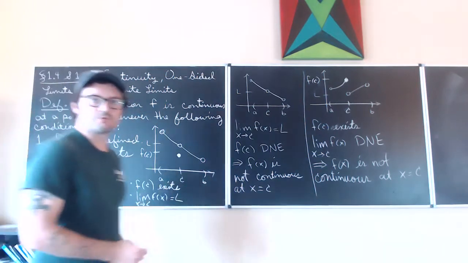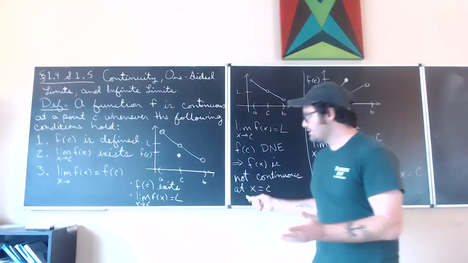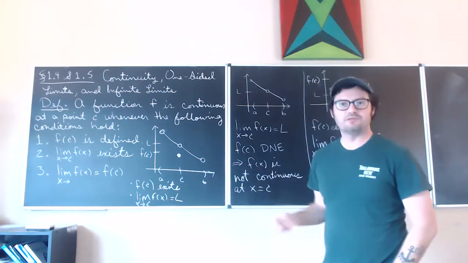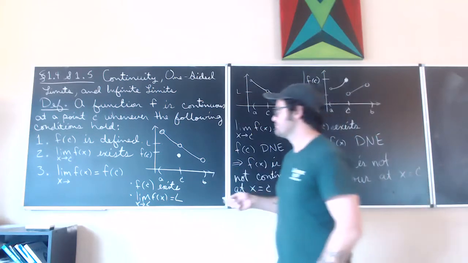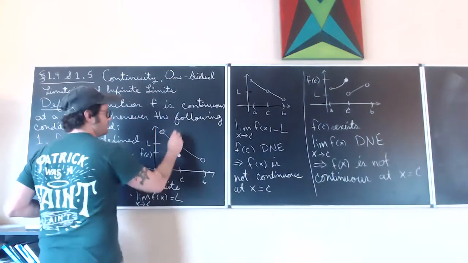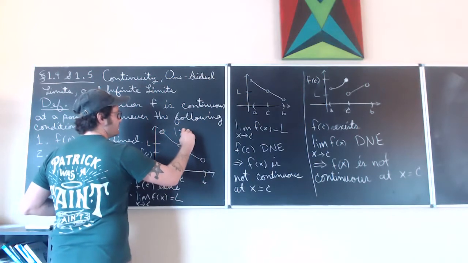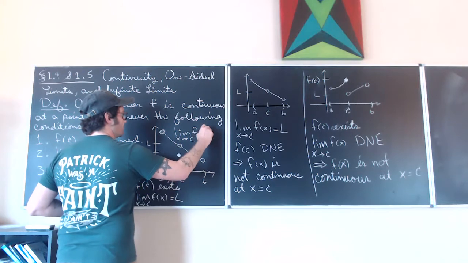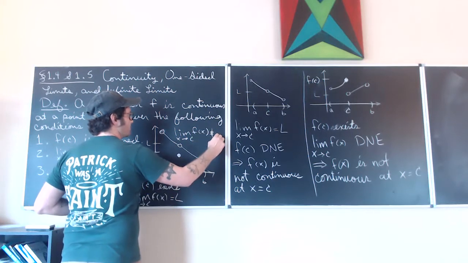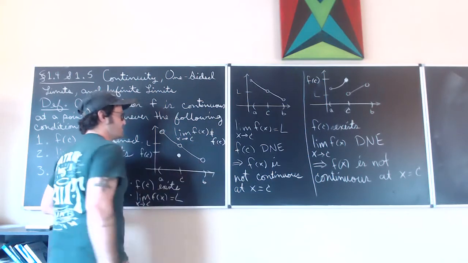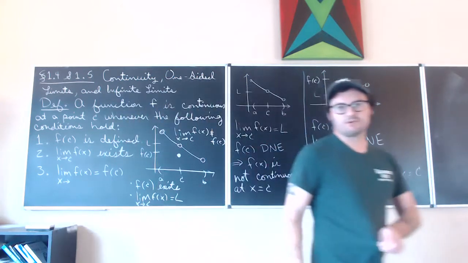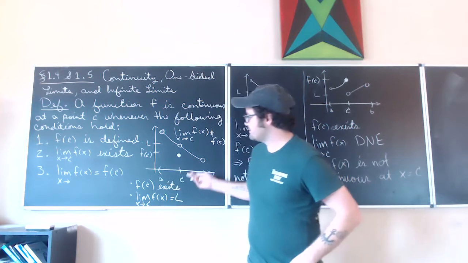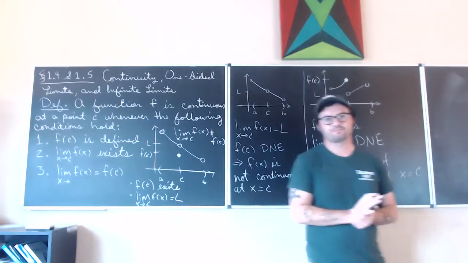So those two properties hold, but the limit does not equal the function evaluated at C. So again, we would say that the function is not continuous at x equals C.